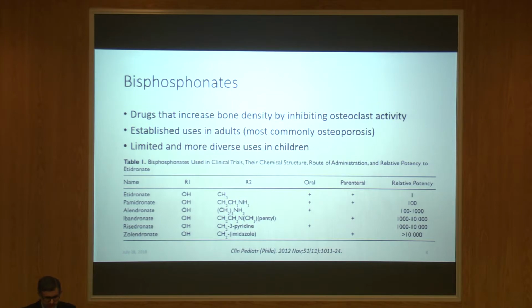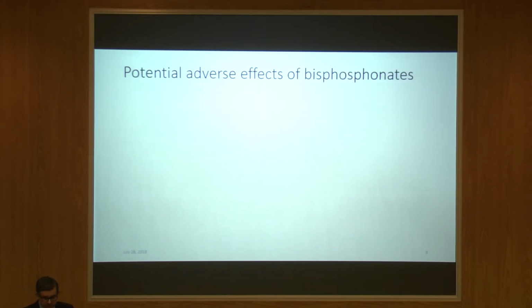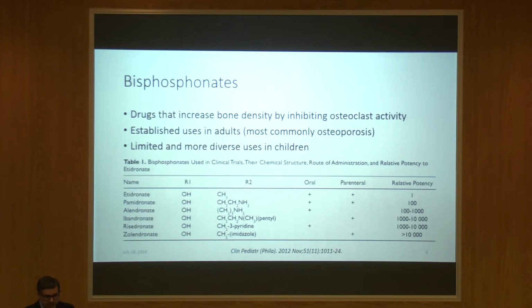And this table just shows you the bisphosphonates that are currently used in treating bone disease, and some of them are older, some of them are more recent, and they vary. They can be oral or parenteral or both, meaning they can be given IV or orally, and they vary in potency.